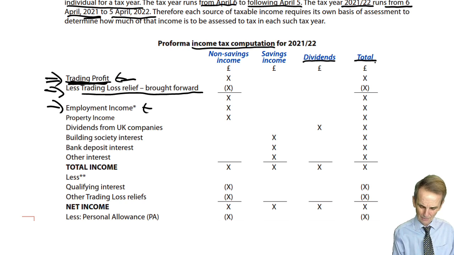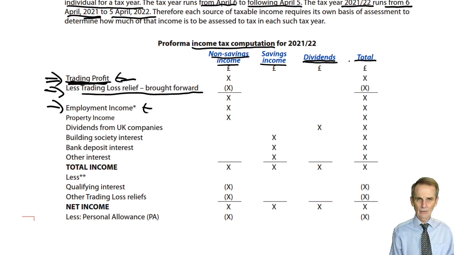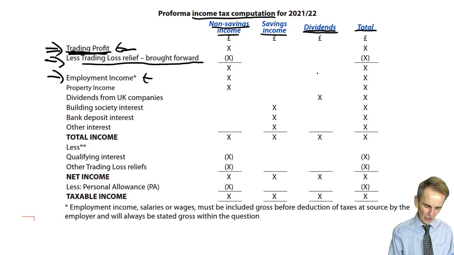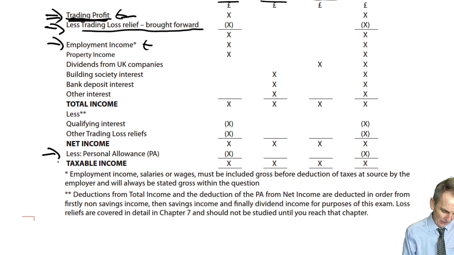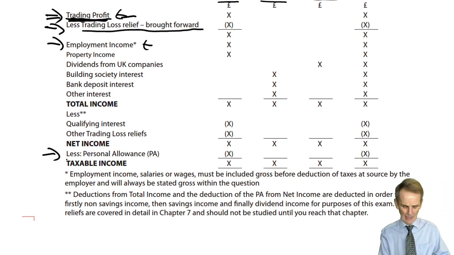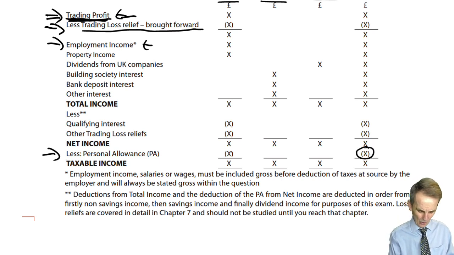And what we'll discover, and a reason why on this pro forma computation here, that we run these as well as a total column, which of course we will have non-savings income, savings income, then as we've already identified, dividend income. And that is an order of those columns that you must maintain, because any deductions from those sources of income, here we've introduced this personal allowance, this level of tax-free income, as well of course as being deducted here from the total, will be deducted firstly from non-savings income.